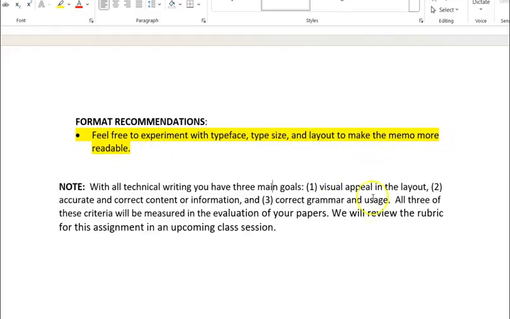So remember, one of the key elements of a business memorandum is the visual appeal in the layout itself. So depending on your topic, on your particular style, on the actual length of your memorandum, you may want to experiment a bit in what that might actually look like.